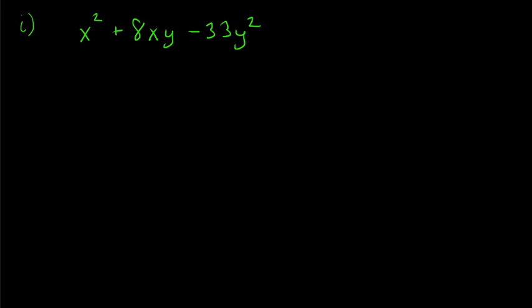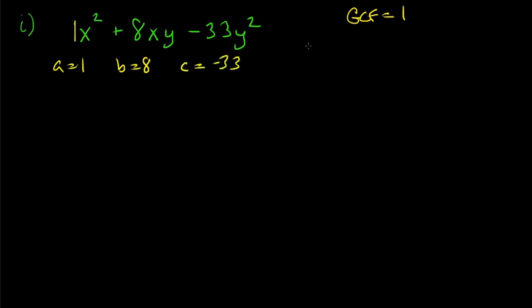All right, part I, x squared plus 8xy minus 33y squared. So again, the GCF is 1, and it's still a trinomial. In some ways, this might be easier, because A is 1, B is 8, and C is negative 33.